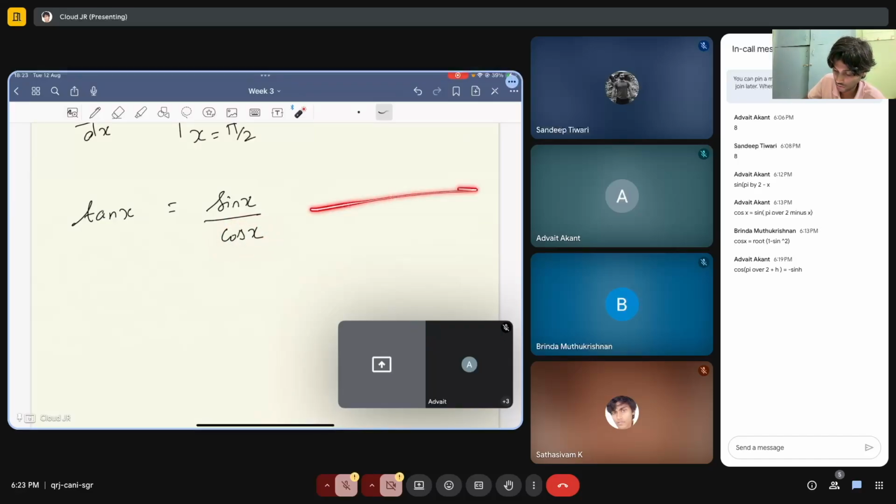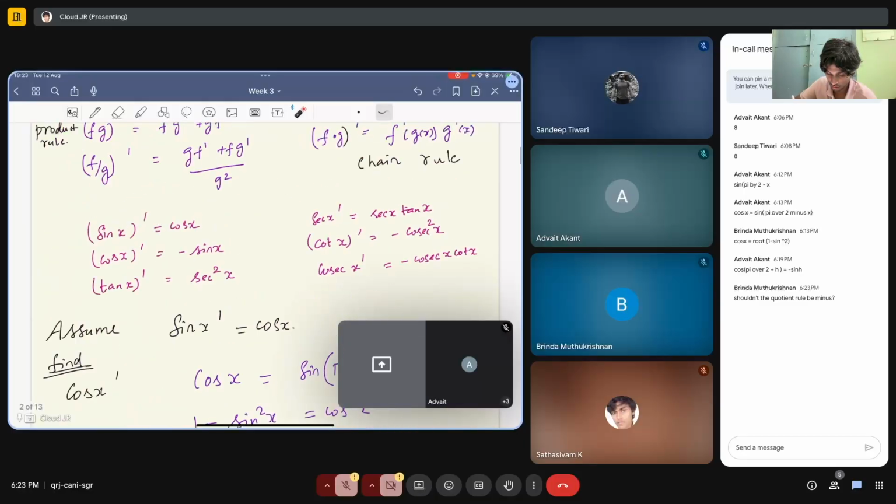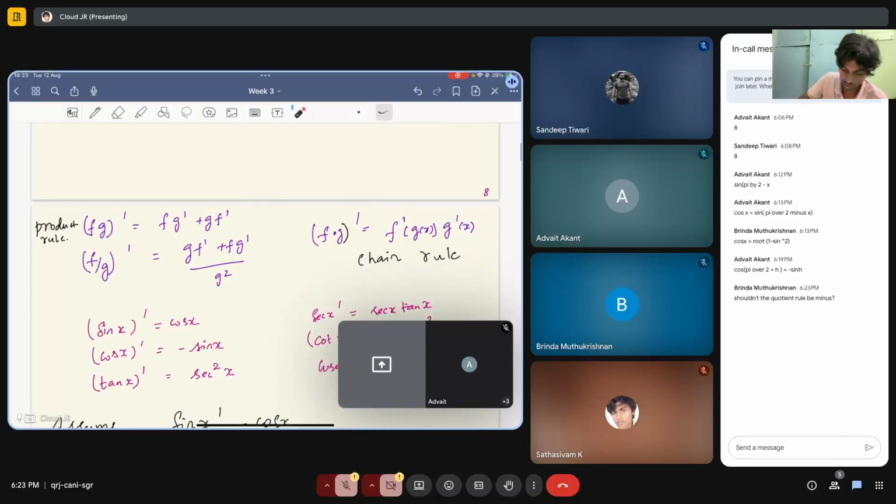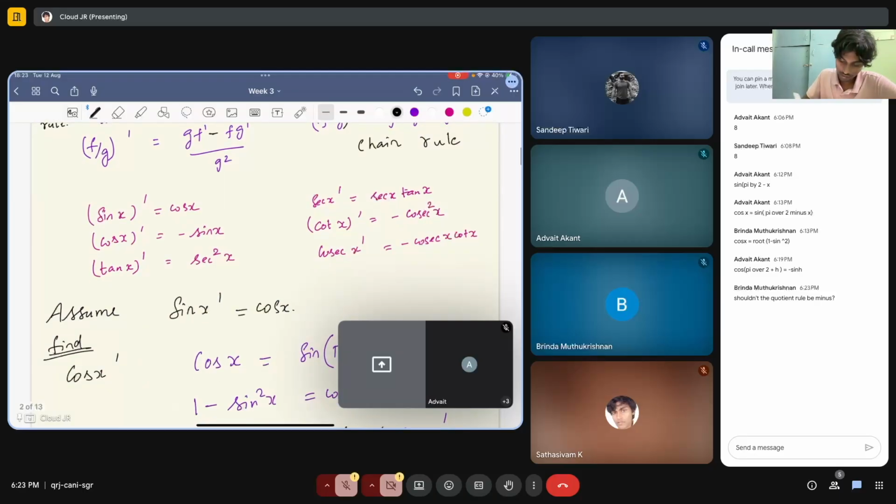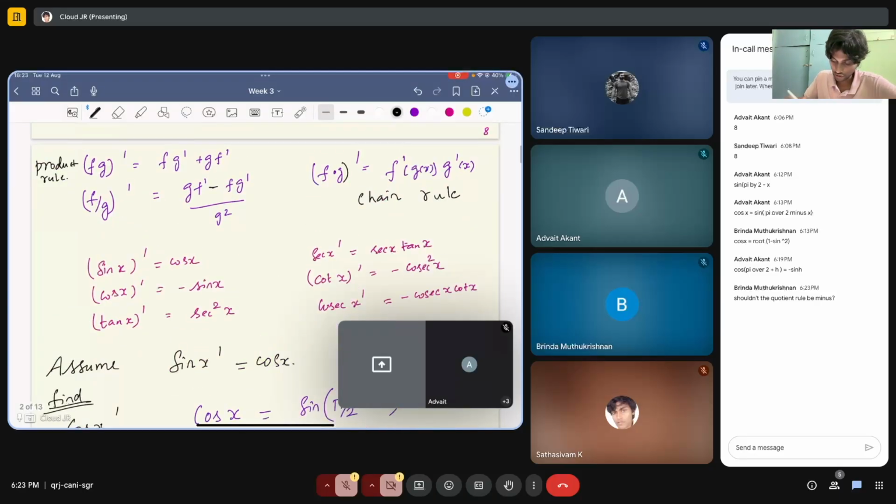So cos x will be 0 at pi by 2, and minus pi by 2, so the tan x will only be defined away from these. In the quotient it is minus, sorry about that. You have to put a minus there.